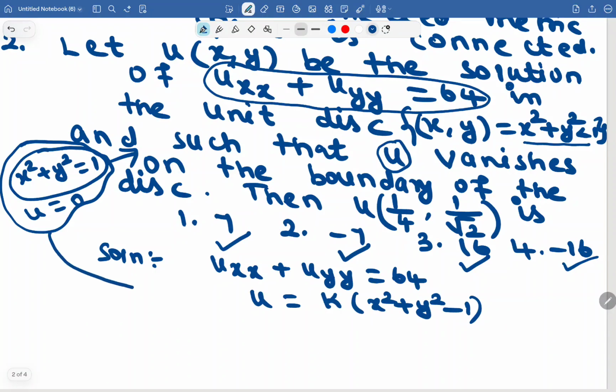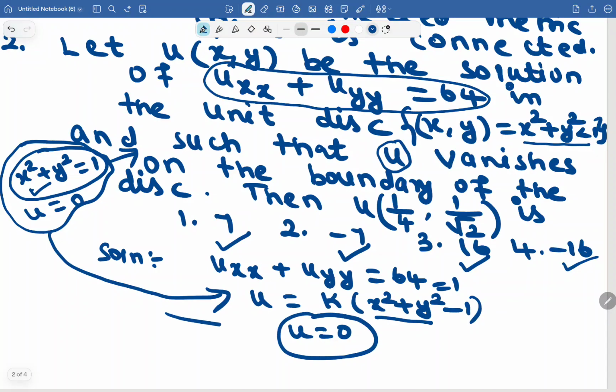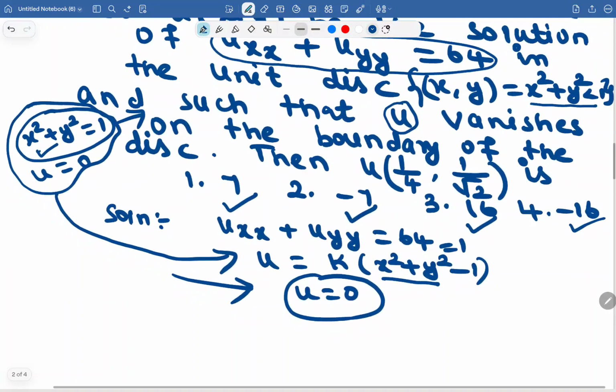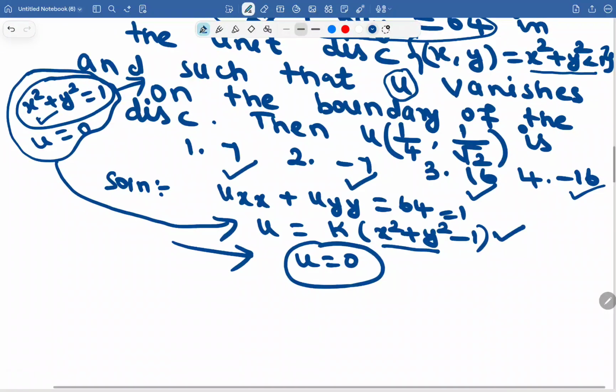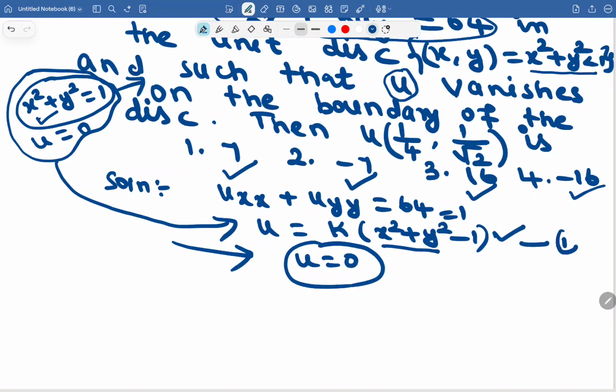Does the condition hold for this u? If you substitute x square plus y square equal to 1, u is 0. It satisfies the condition. Therefore, u must be taken as k into x square plus y square minus 1.